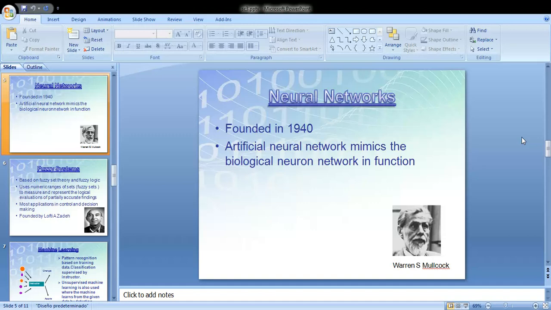But one company, I think all of you must know about it: AlphaGo. I'm sorry, DeepMind, which created AlphaGo, and was acquired by Google.